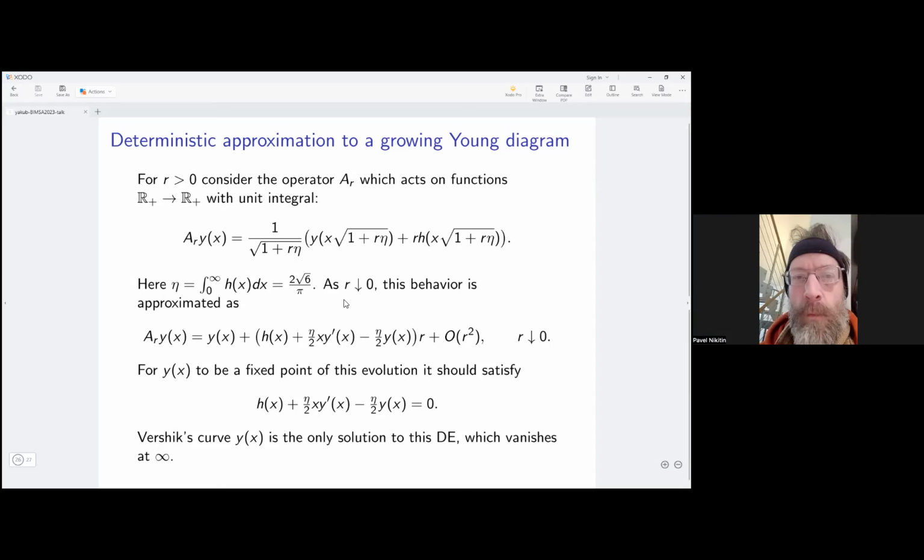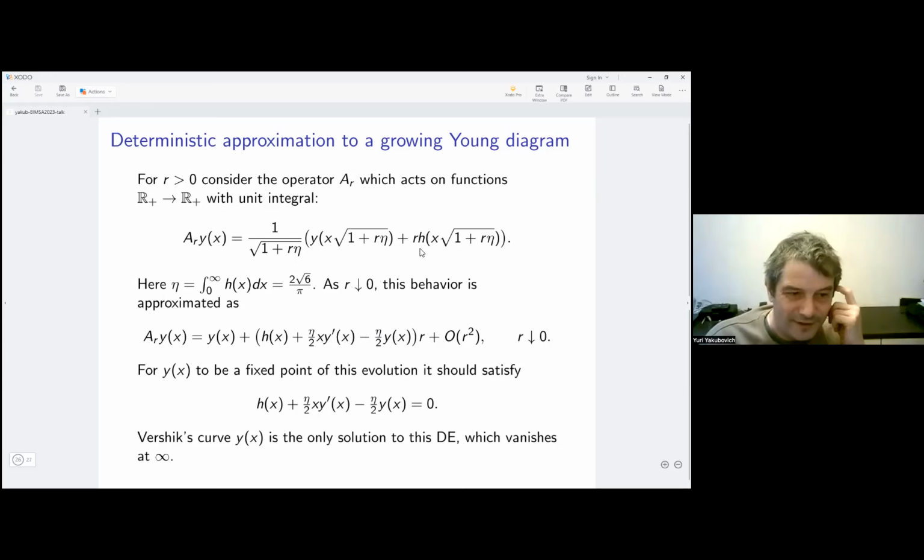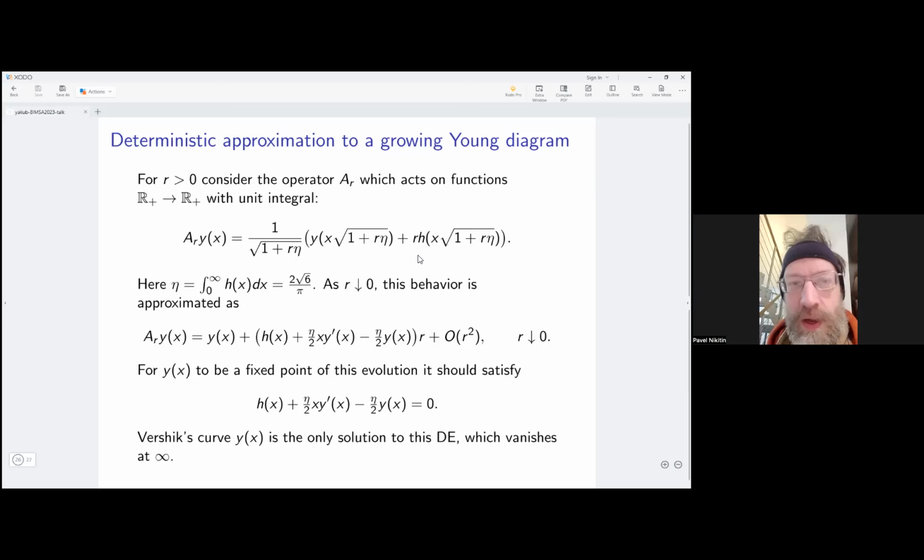But r is still small, because it is of order square root of n divided by n to the delta. Okay, I get it. Thank you.